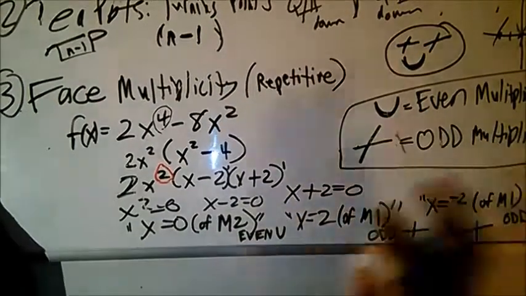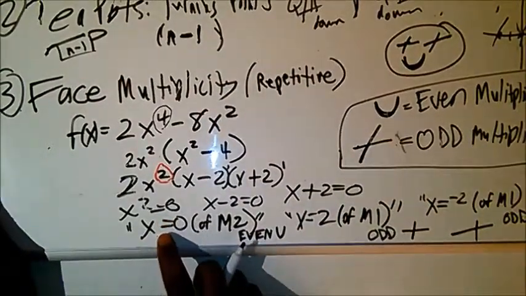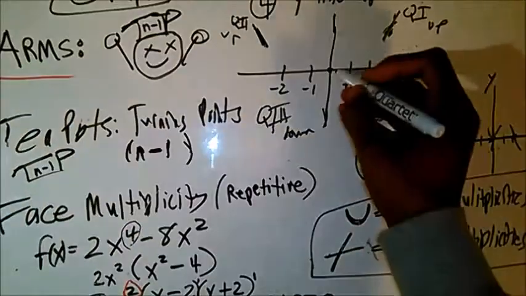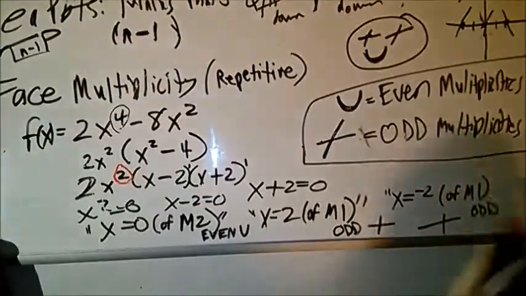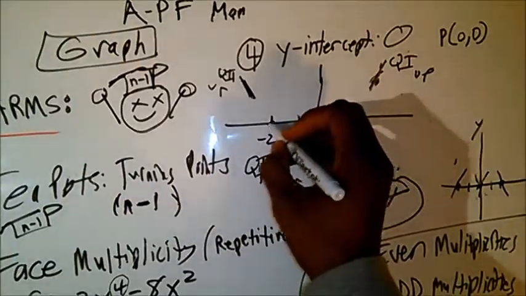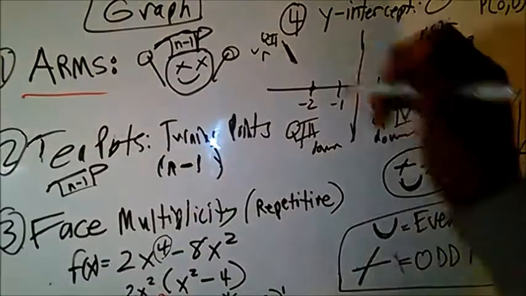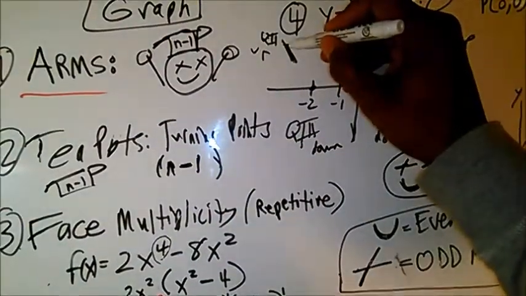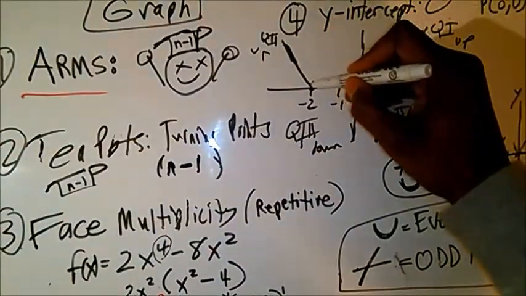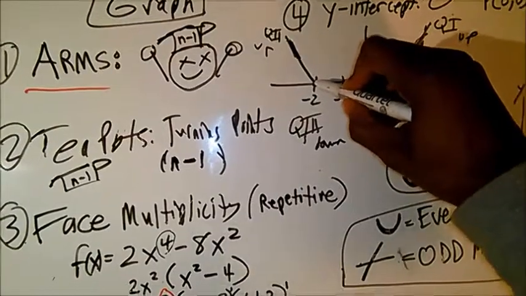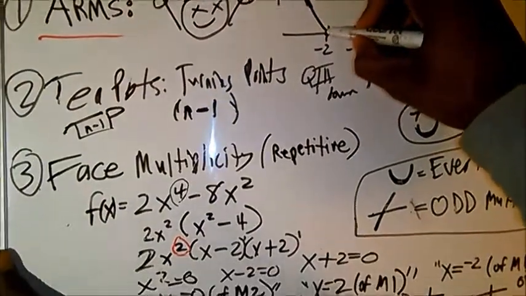And one of the x-intercepts is x equals 0, so we put that in. Another one is x equals 2. Another one is x equals -2. So let's start. We know we start up here. Let's go down to the first intercept, which is -2. Don't take your pen off the paper.